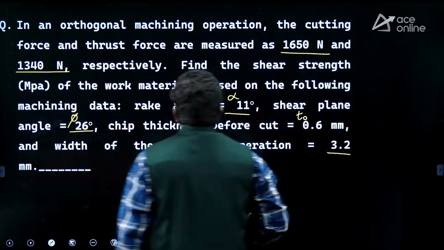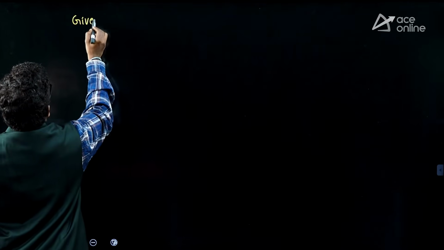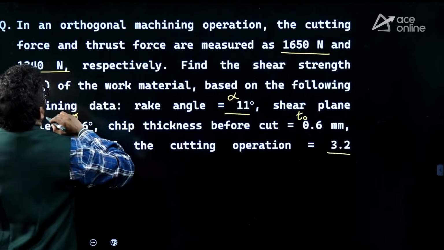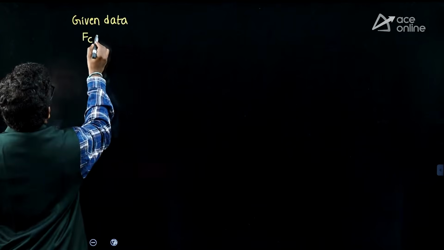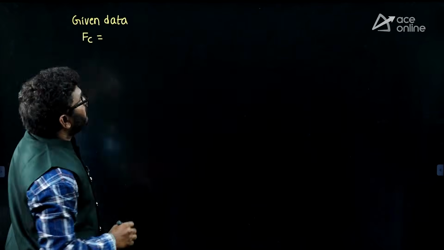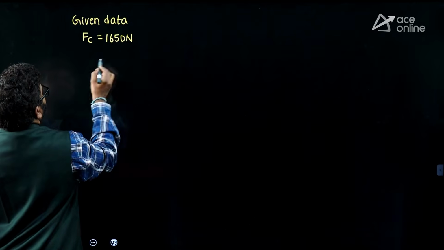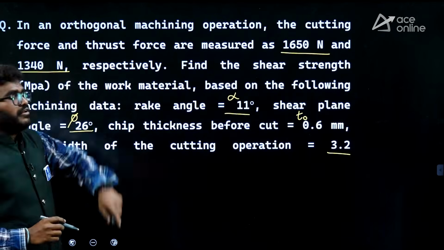So, what is the data given? Given data you can take. Cutting force is equal to 1650 Newton, and thrust force is given as 1340 Newton.